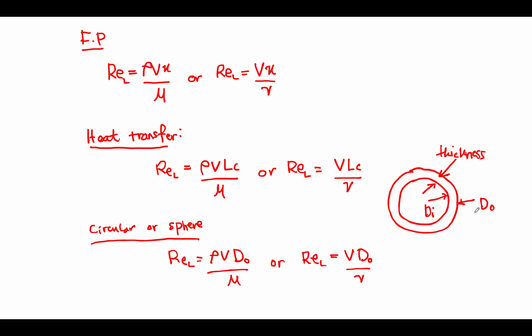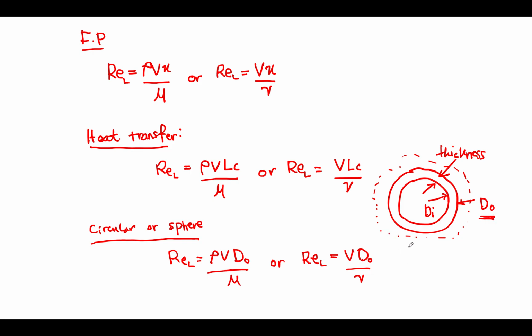In this chapter, we are dealing with external forced convection. Therefore, the diameter that will replace the characteristic length will be the diameter outside, because the fluid that flows is outside of the cylinder or sphere. So you have to calculate D out.